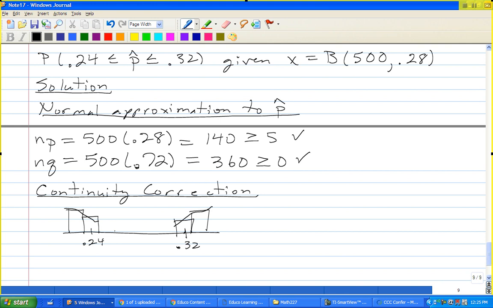So I'm going to have to add, but it's less than, but it's here at 0.24, and it's here, I'm sorry, because oh no, that's right, because it's equal. Okay, so it's here at 0.24 and here at 0.32.